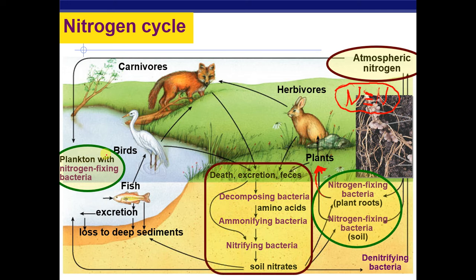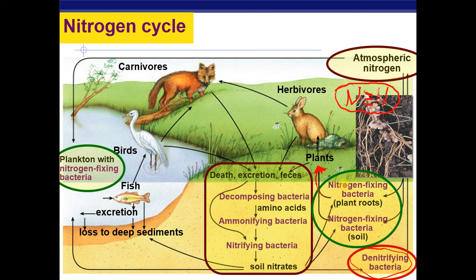Then in both cases, terrestrial or aquatic, the death and decomposition or the excretion of animals in the aquatic and terrestrial ecosystems can return nitrogen back to the soil, and decomposing, ammonifying and nitrifying bacteria can return that nitrogen to soil nitrates that could be used again in plants or could react with what's called denitrifying bacteria and be returned back to the abiotic reservoir, atmospheric nitrogen.